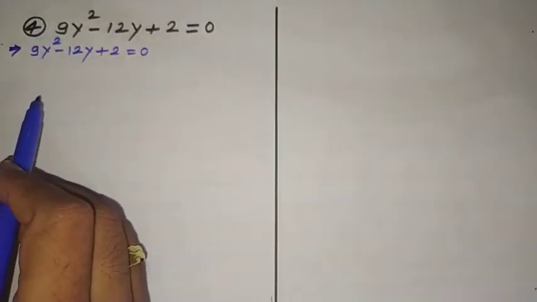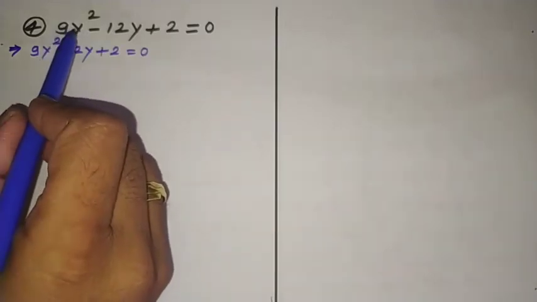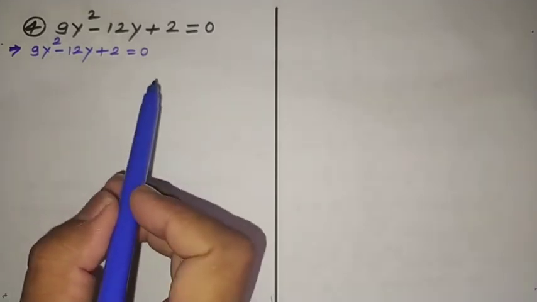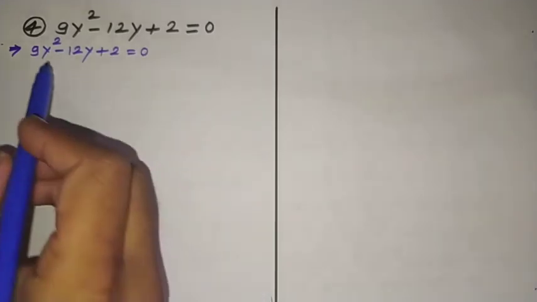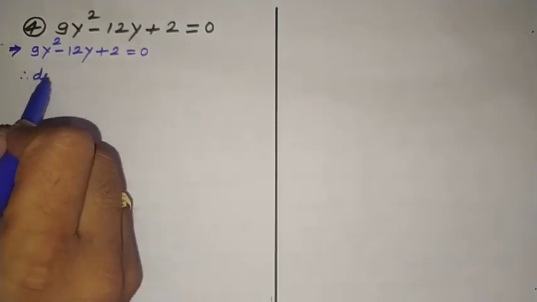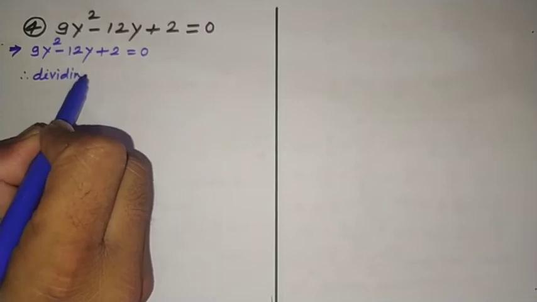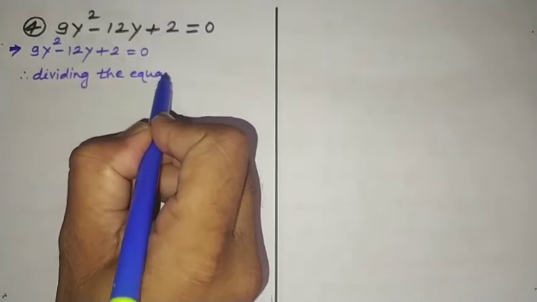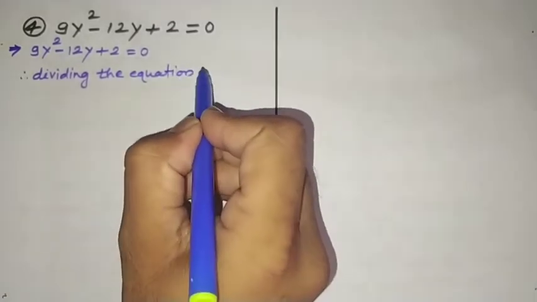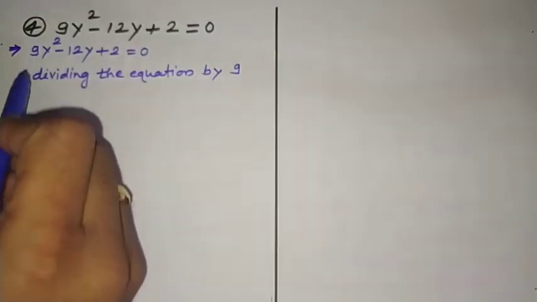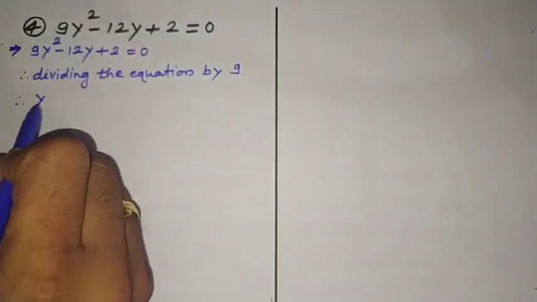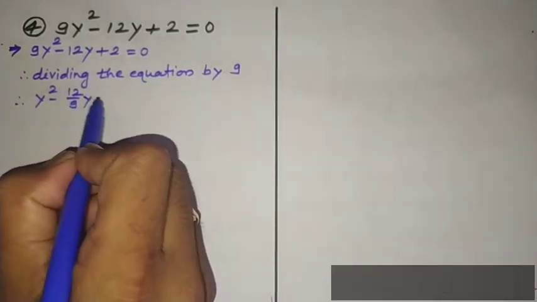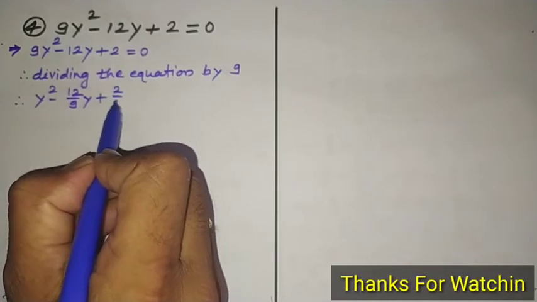It is convenient to make the coefficient of y square 1 and then convert the equation into the difference of two squares. Therefore divide the equation by 9, remaining y square minus 12 upon 9y plus 2 upon 9 is equal to 0.